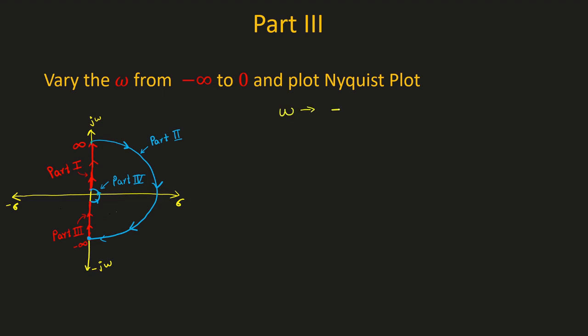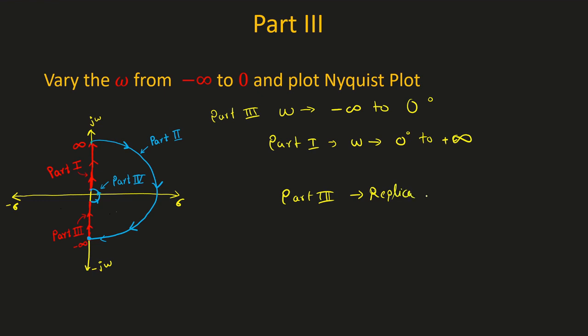In part 1, omega was varying from 0 to plus infinity, and part 3 here is varying from minus infinity to 0. So part 3 will be exact replica, or let's say inverse, of part 1. So you can see it here, this part and this part are exactly a replica to each other. So the Nyquist plot obtained in such cases will also be the replica.